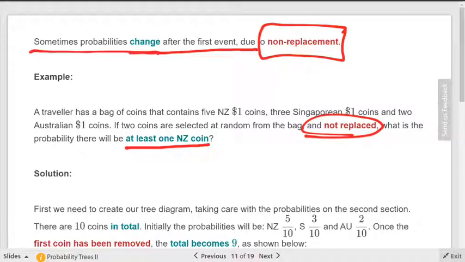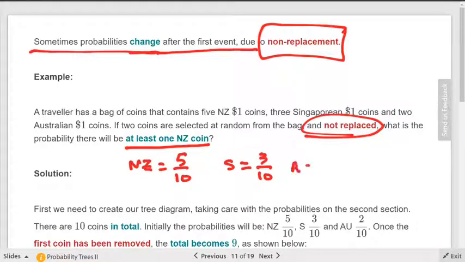Not all of these are going to be equal probabilities because he has different numbers of coins, doesn't he? For New Zealand coins, he has 5 out of how many total coins? 10? Good. And then Singaporean coins, he has 3 of those out of the 10 coins.